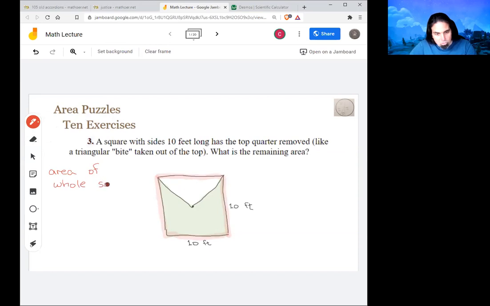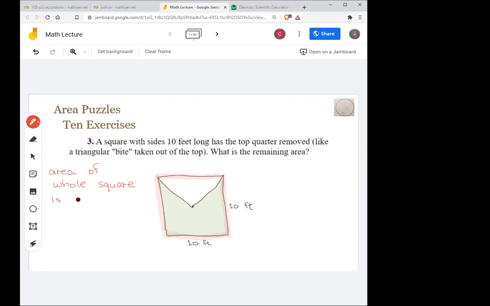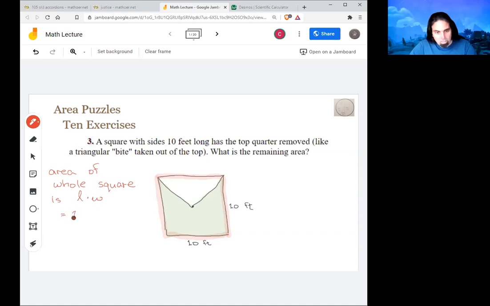Okay, now I've caught up to you. So how do I do that? Length times width. So 10 times 10, it's 100. That's not bad.